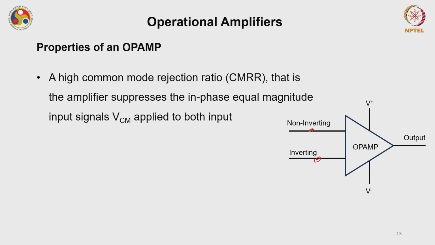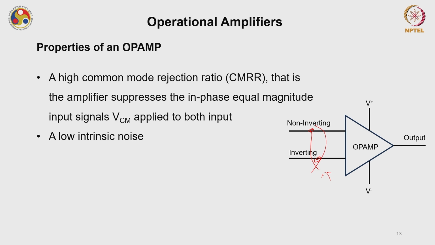And this noise signal is basically common to both the inputs, okay. But this op-amp has a very high common mode rejection ratio or CMRR. It means that it will reject any common signal, and this common signal is nothing but this noise. So it has better characteristics in terms of rejecting the noise at the input terminals, okay.